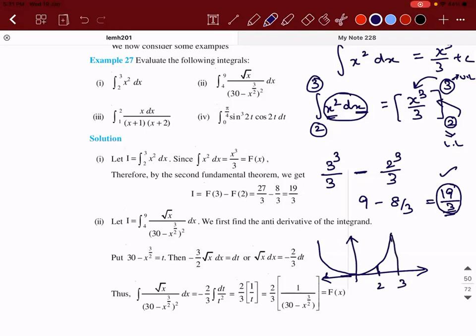If I find this area, it comes out to be 19 by 3 square units. That is the meaning of the area made by this curve with the x-axis. Am I clear with this? Yes, sir. So this is what you're supposed to do.